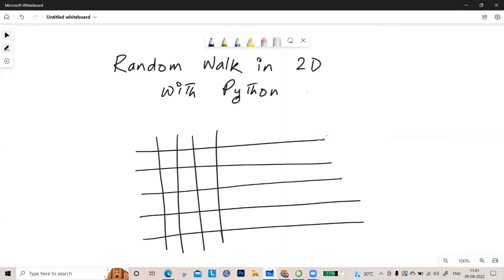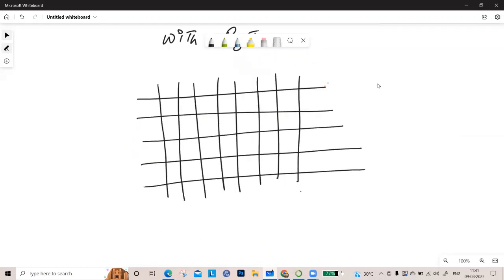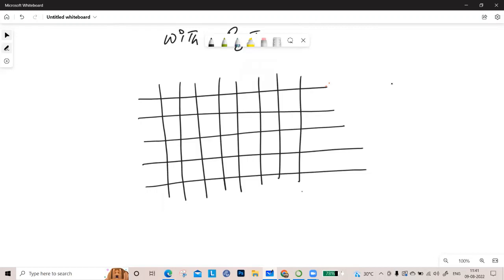So here it is, a square grid. It's a cartoon of a square grid. And the random walker is somewhere here. You can think this is the origin, okay?